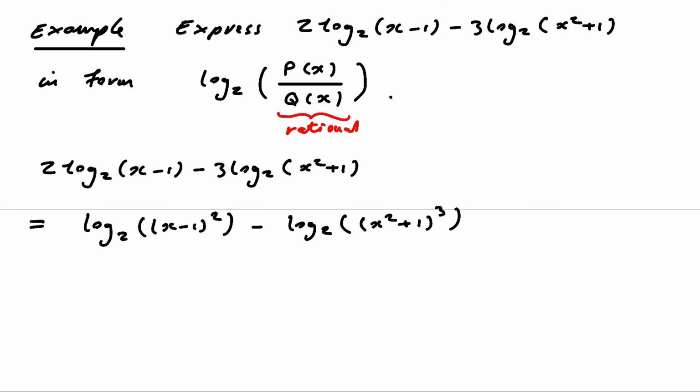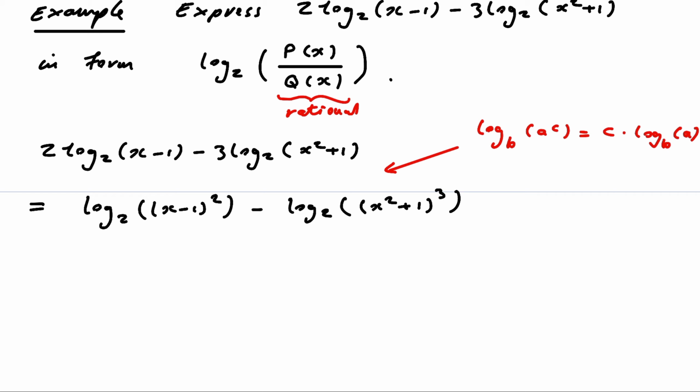Right, so this now is me applying the log law, which says log to the base b of a to the c is equal to c times log to the base b of a. That's the log law I'm using here. But now I've got a difference. And the difference of two logs is equal to what? Well, this is equal to the log base 2 of the ratio of each of them.